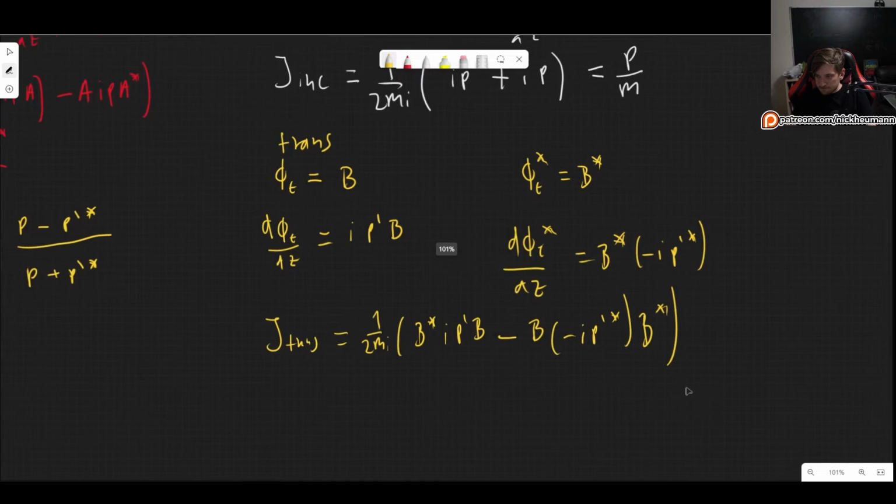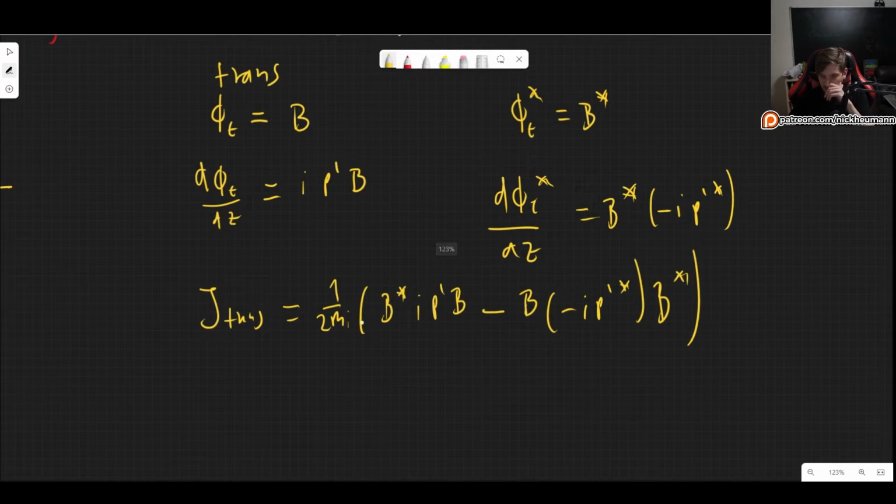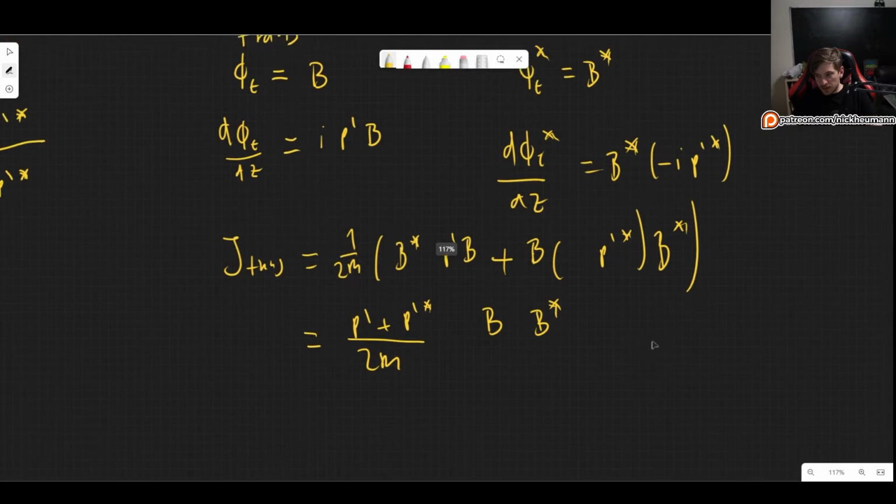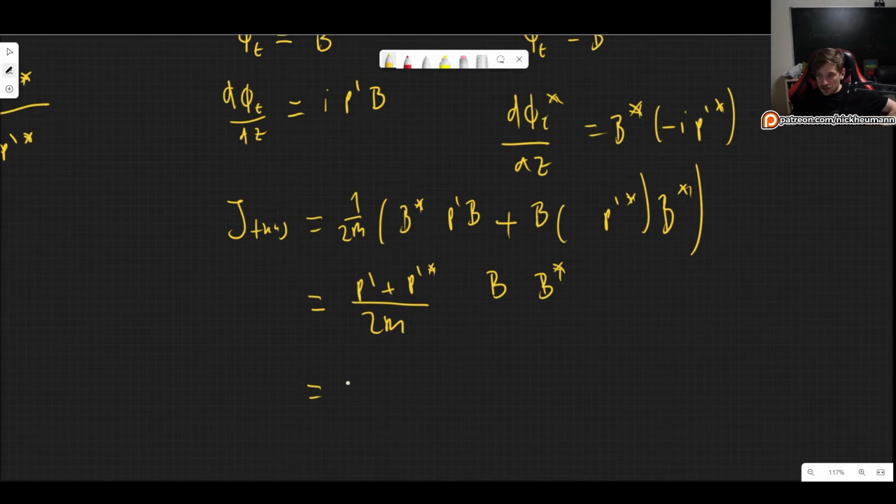Okay, so now the i's will cancel out. The minus sign turns into a plus, so those are gone, and we end up with p prime plus p prime conjugate divided by 2m times b conjugate b. But we already know what b and b conjugate are, so let's plug them in.